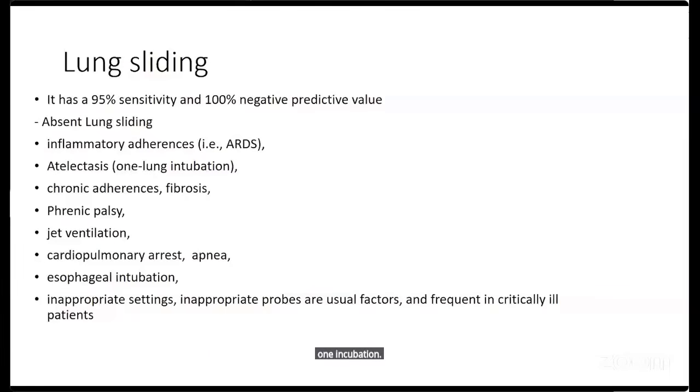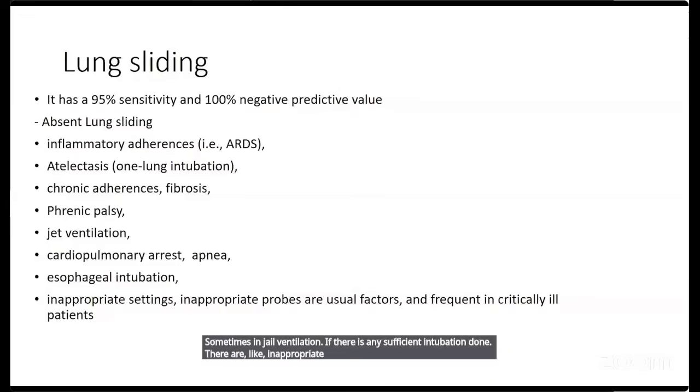Chronic adherence, fibrosis, chronic palsy, where the diaphragm is not moving, so the lung is not moving. Sometimes in jet ventilation, cardiopulmonary arrest, apnea, or if an esophageal intubation is done. There are also inappropriate settings, some inappropriate probes, frequently in critically ill patients, and there can be multiple reasons for absent lung sliding.